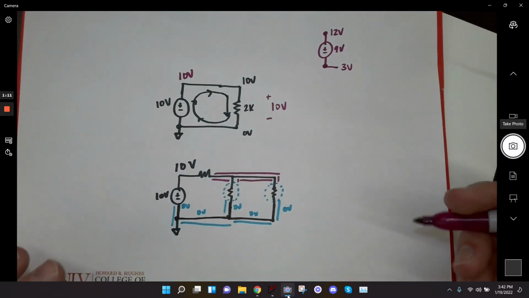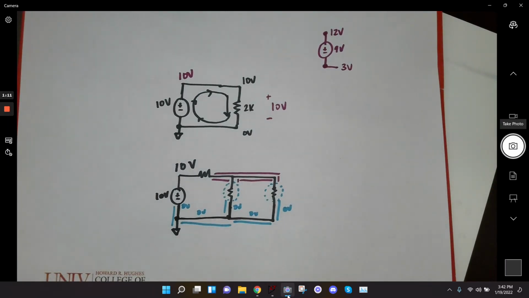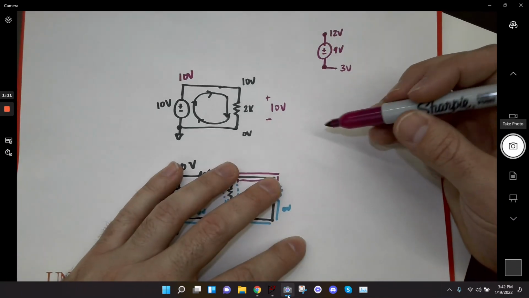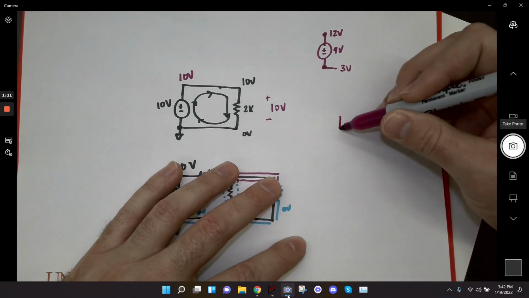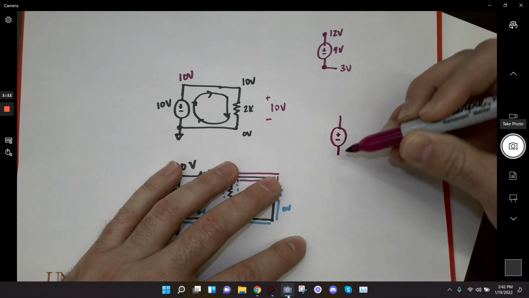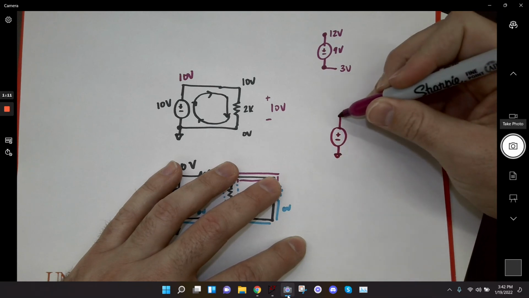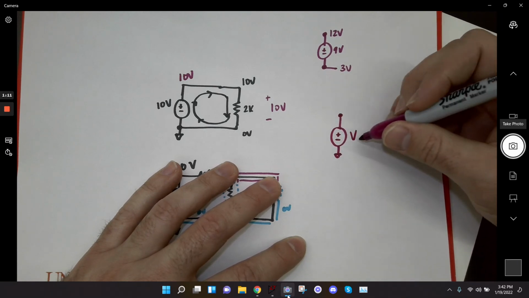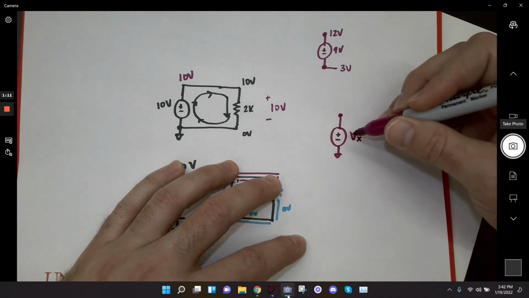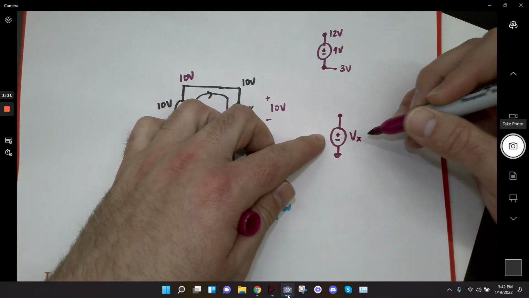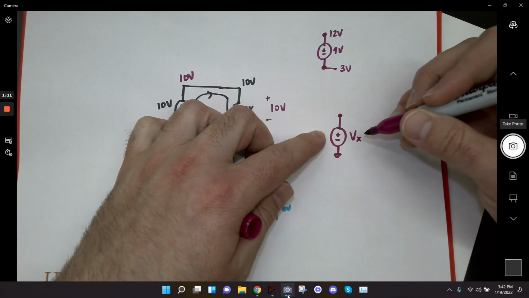So in general, I'm going to get into flipping the battery and negative voltages next class. I don't want to keep you guys any longer. But real quick, if you see a battery and the minus terminal is connected to ground, whatever this voltage is, we'll call it Vx, that's telling me the rated voltage for this battery or voltage source.